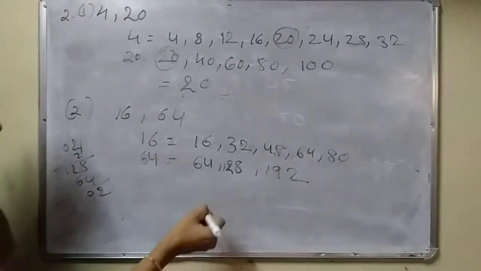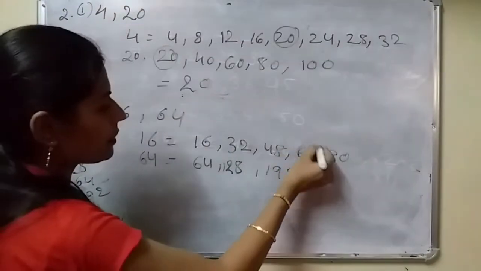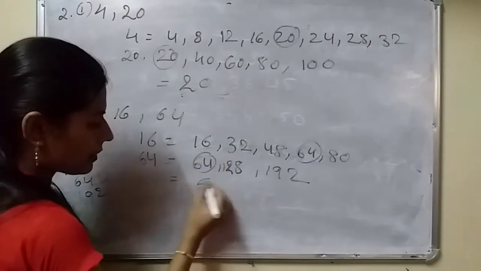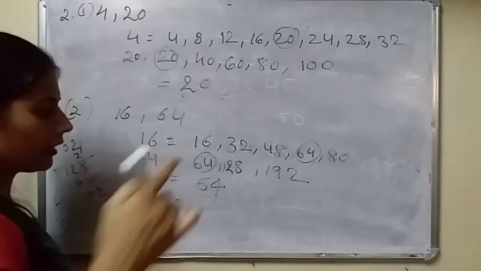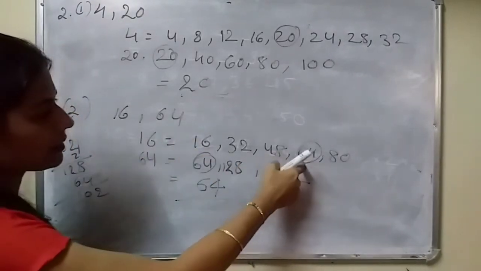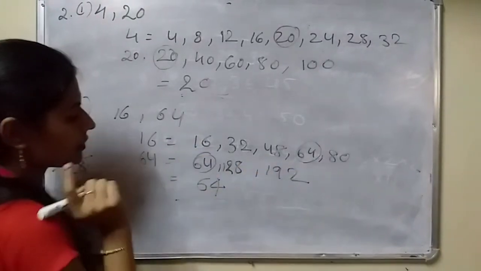Now see any common multiple you can see here, that is 64. It means its answer is 64. You have to find the common multiple, which is the common multiple here, 64.